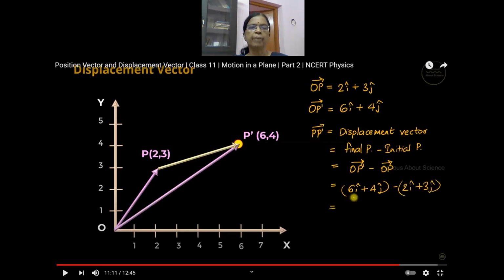So the displacement vector is the straight line from the initial position to the final point. So we draw a vector. Vector PP dash is the displacement vector. We are going to find it now: final position minus initial position. Final position is vector OP dash minus initial position vector OP. Substituting the values, OP dash is 6i cap plus 4j cap minus OP, which is 2i cap plus 3j cap.